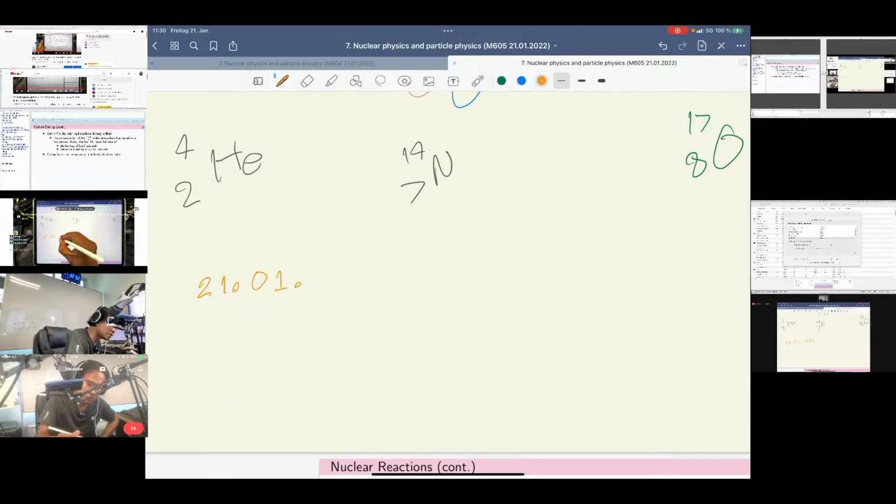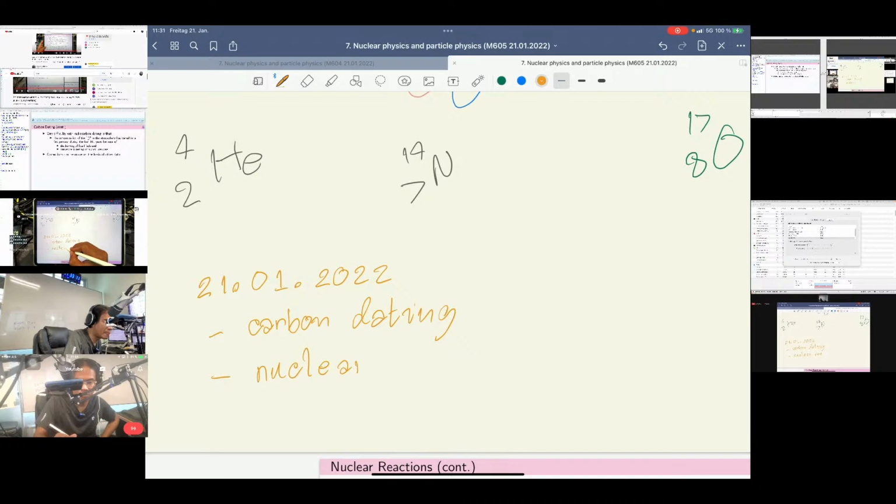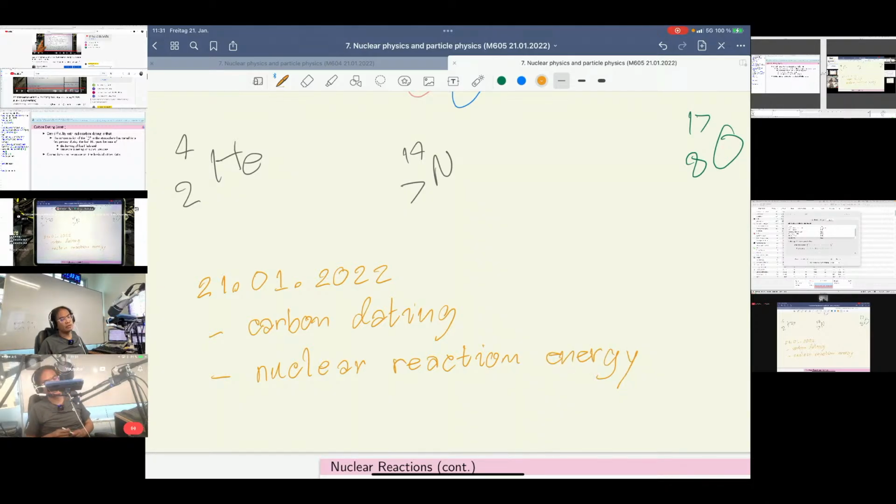Homework is carbon dating or nuclear reaction energy. Those are two possible topics that you could choose as the next round of homework, and we're going to see whether you can understand what I said to you or not.